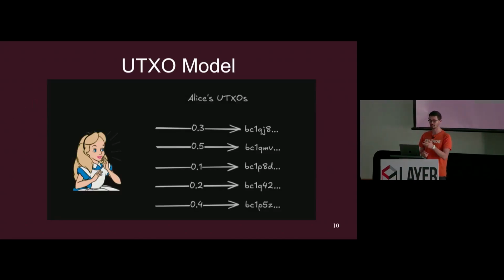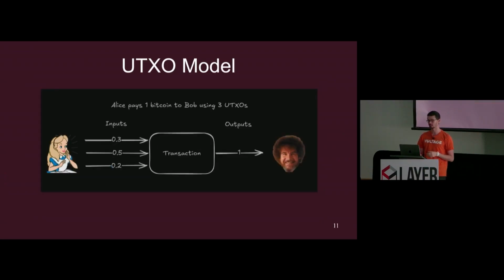You can see here, let's say Alice has a set of UTXOs, maybe people paid to her in the past. And so these are unspent transaction outputs that she has not used as inputs to any other transaction. And they're associated, as you can see here, with what we're used to seeing in Bitcoin, the addresses. Each output is associated with an address.